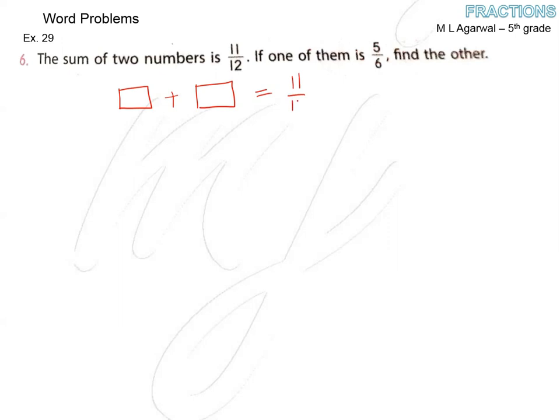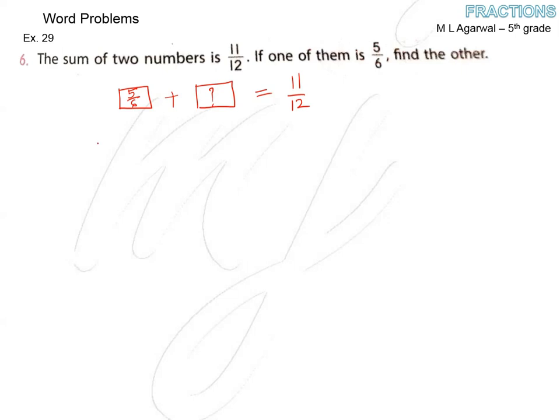Always try to understand the question. What has been given? One of them is 5 upon 6. So let us say this number is 5 upon 6. What is the other number is what they are asking.